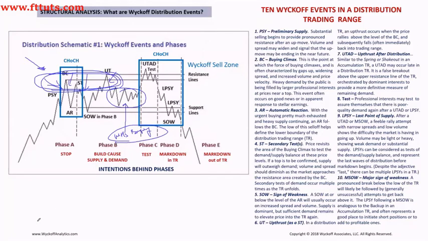So sometimes weaker structures are going to be deteriorating structures with lower highs and lower lows. Institutions can't really sell everything right away, so they sell and then allow the price to go up. Then they sell, the price goes below the low, creates a lower low.